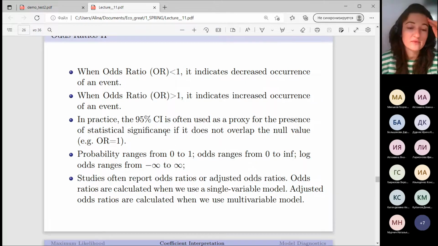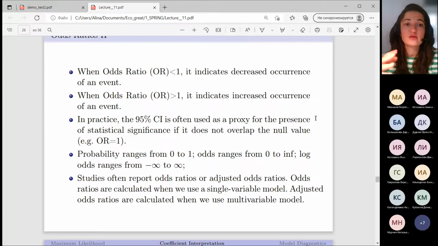I think that your teacher showed you how you can do this, and you obtain in the outcome table not the coefficients but the odds ratios. And the interpretation is not very complicated.